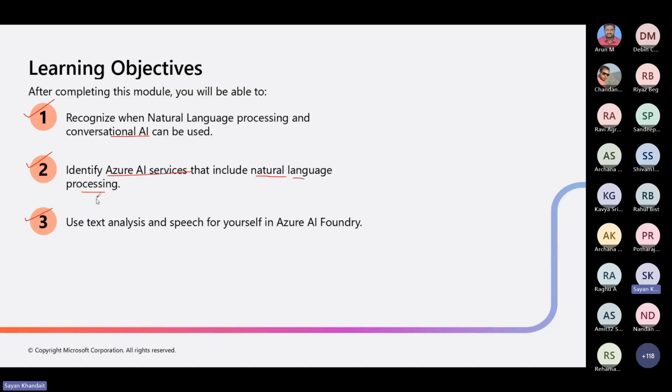And the third learning objective is to be able to use the concept of text analysis and speech by yourself in the Foundry portal. Well, we are not going to perform these tasks in the Foundry portal because once again, we will need a subscription in the Foundry portal. Instead, we are going to use the Language Studio in order to try out some of these basic features.